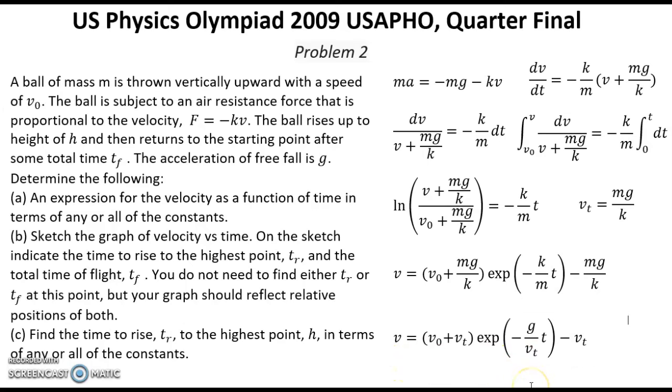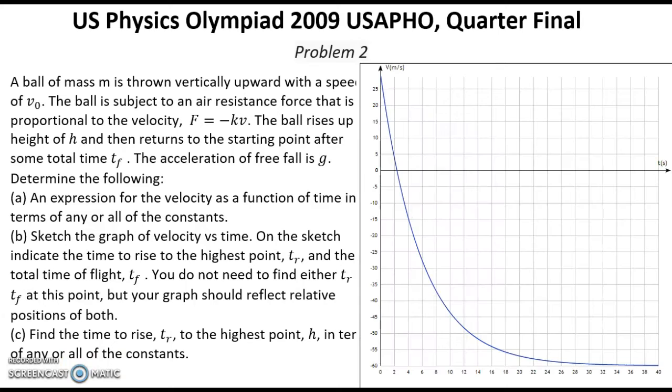Now we can sketch the graph of velocity versus time. Let's say we take terminal speed at about 60 meters per second, and initial speed at 30 meters per second up. For this condition we can draw this graph. This is our graph, velocity versus time.